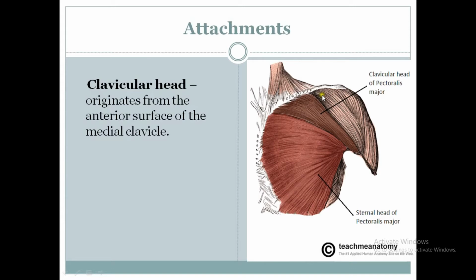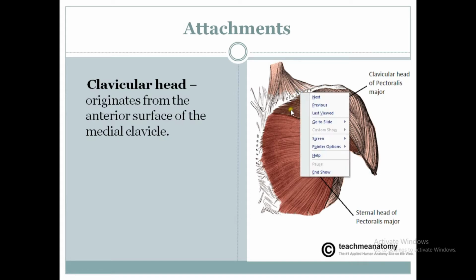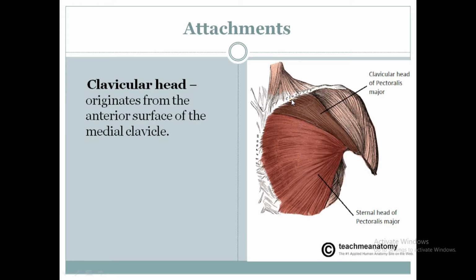Clavicular head of the pectoralis major. It originates from the anterior surface of the medial clavicle. Now, as we all know, the clavicle is a horizontal bone, so it has an upper surface which is called the anterior surface and a lower surface which is called the posterior surface.